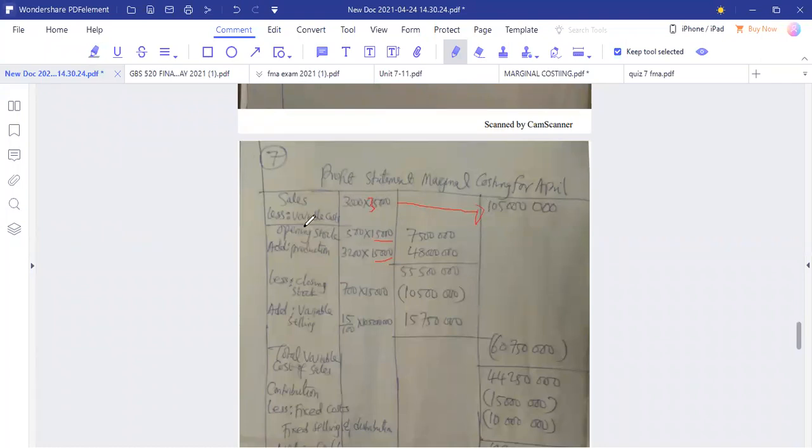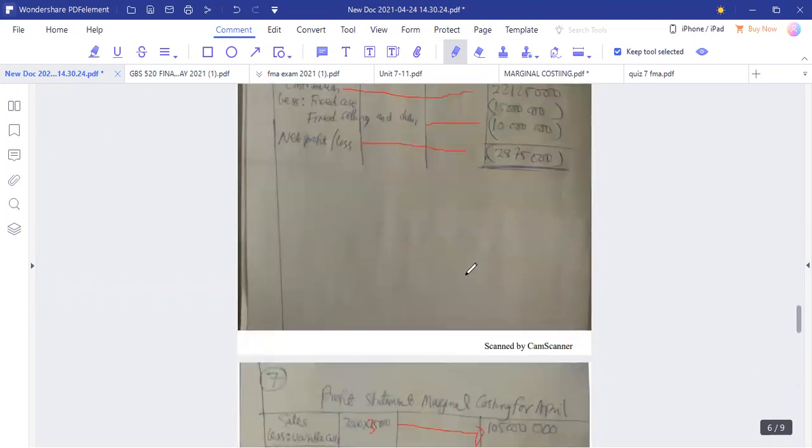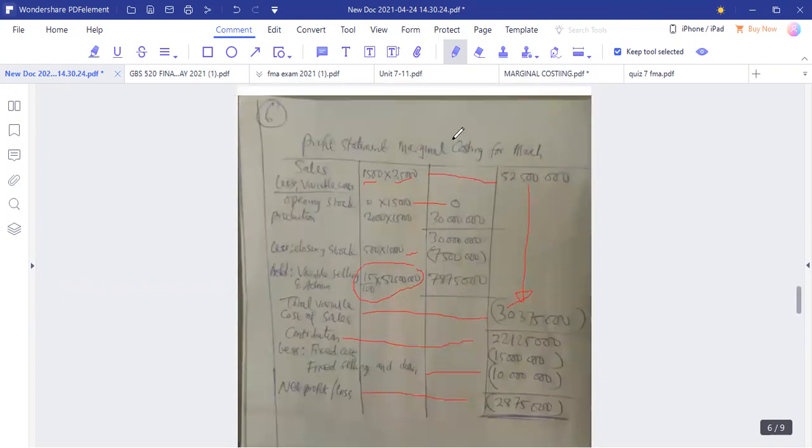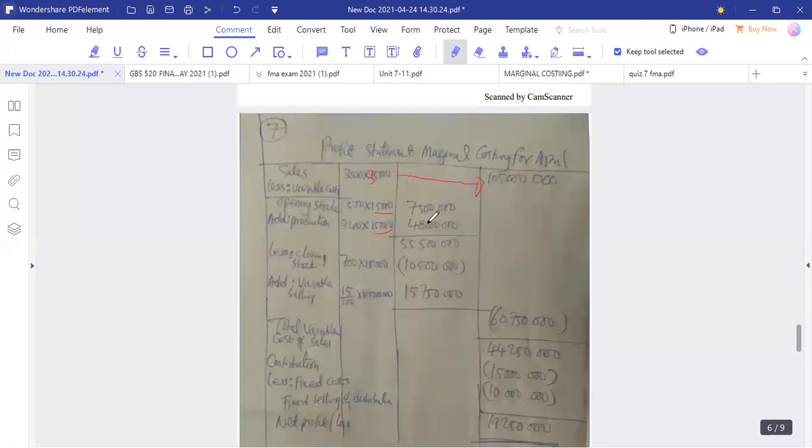Then this one is a variable cost, 500 units opening stock multiplied by 15,000. We are getting 7,500. Production, we produced 3,200 units, which we should multiply by the variable cost. So we are still looking at variable cost because this is marginal costing. Then we are getting that amount.